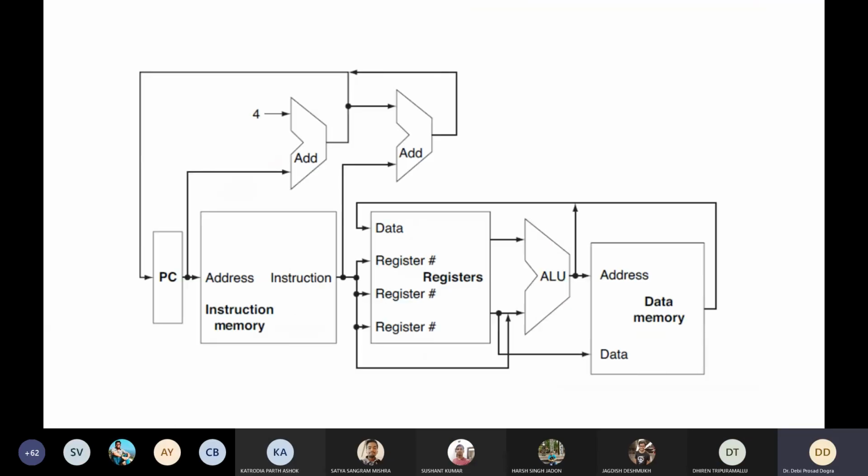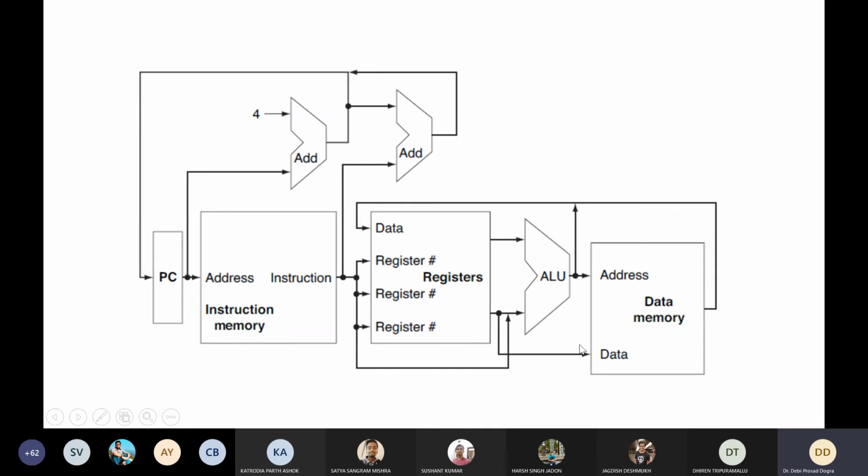Look into this. This is the address, no? This address is nothing but X plus R2. And here the data goes, R1. So if the instruction is store R1, X(R2), then X(R2) comes from here, R1 comes from here, and the store operation happens.